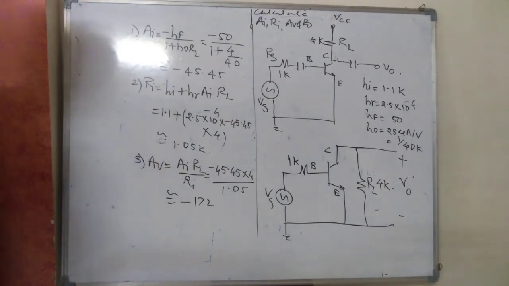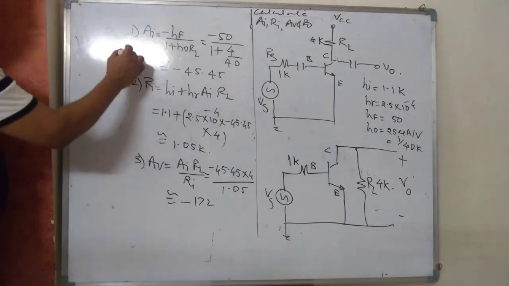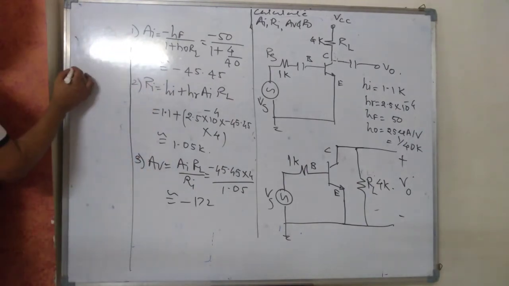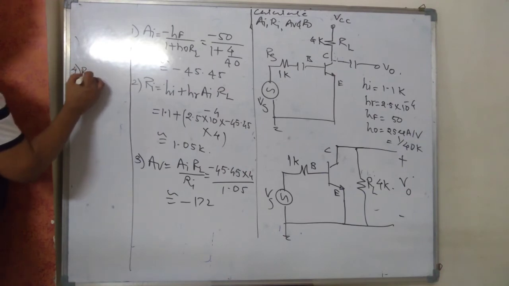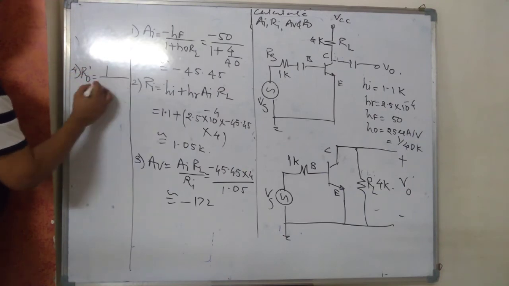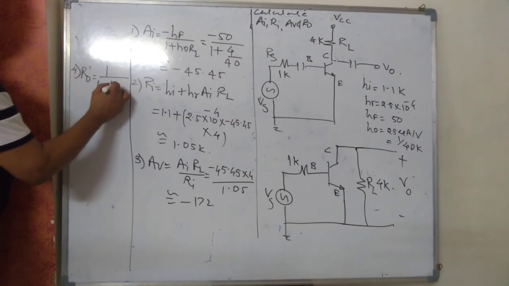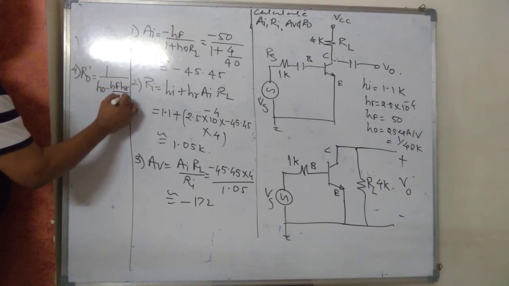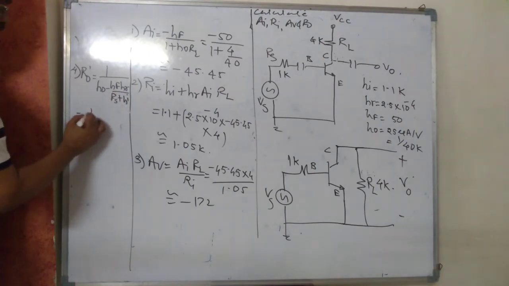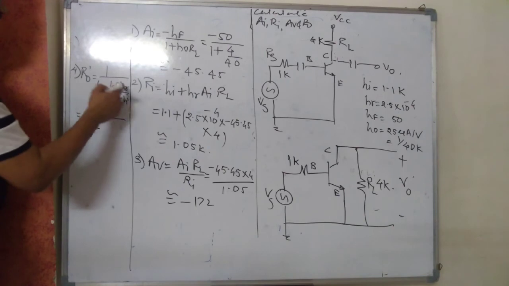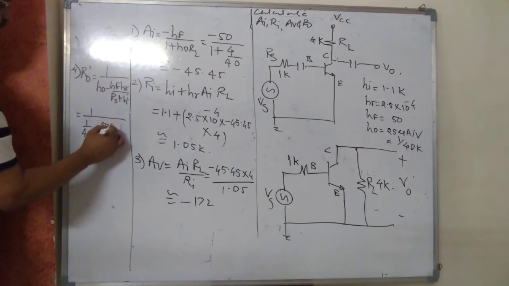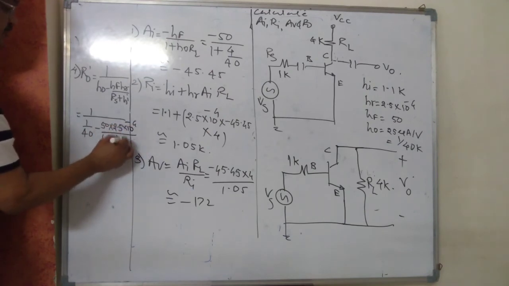Three answers are over. And fourth, RO dash is equal to 1 upon HO minus HF HR upon RS plus HI, which is 1 upon 40 minus HF is 50, HR is 2.5 into 10 raised to minus 4, upon RS is 1 plus HI is 1.1.